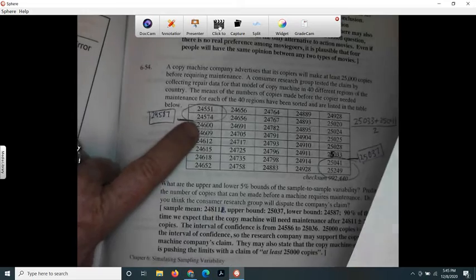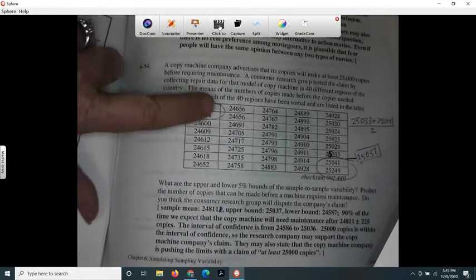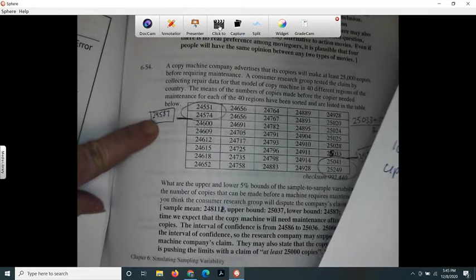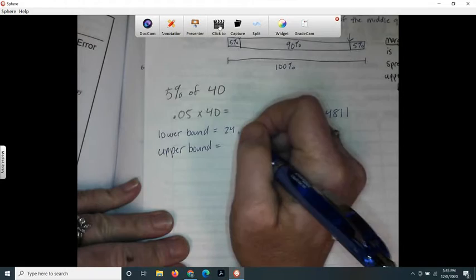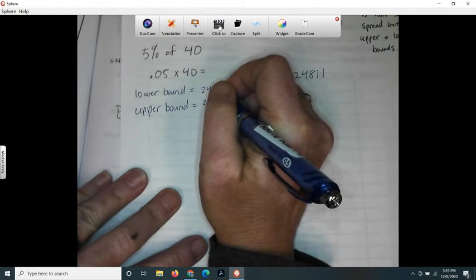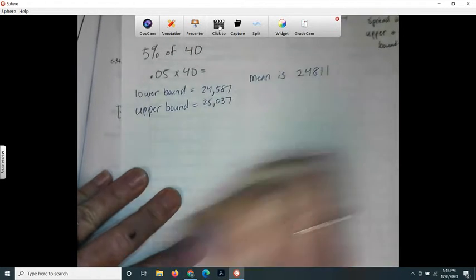We found them by chopping off the extra numbers, the low 5%, and the lower bound was 24,587, and the upper bound was 25,037. And then I need my margin of error.